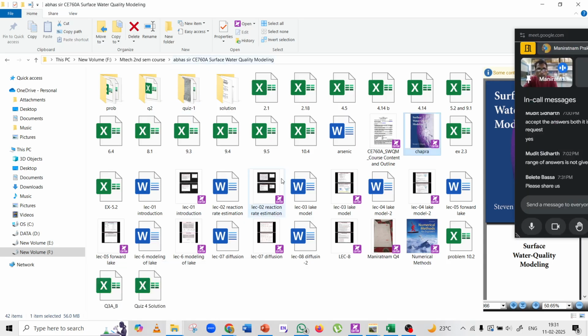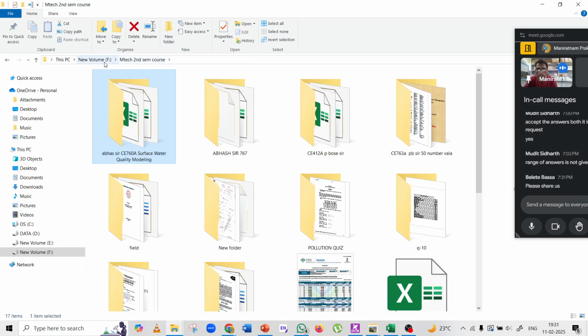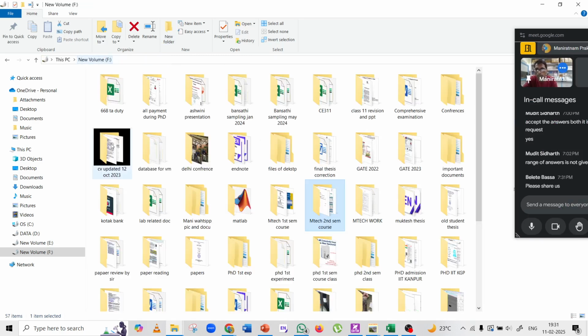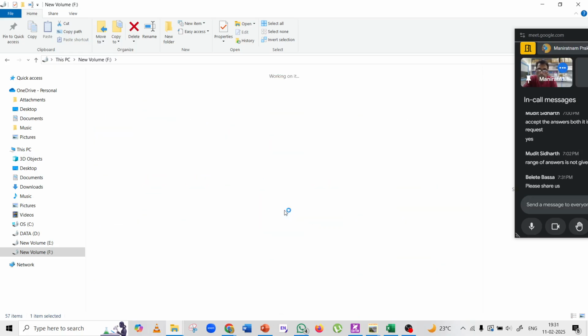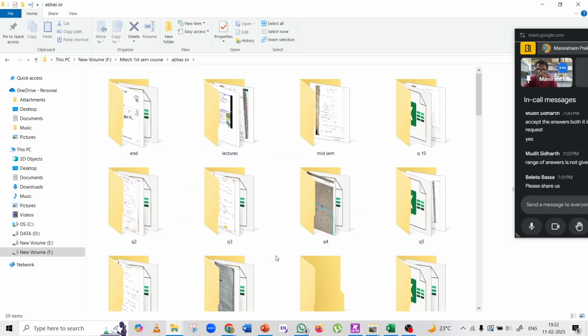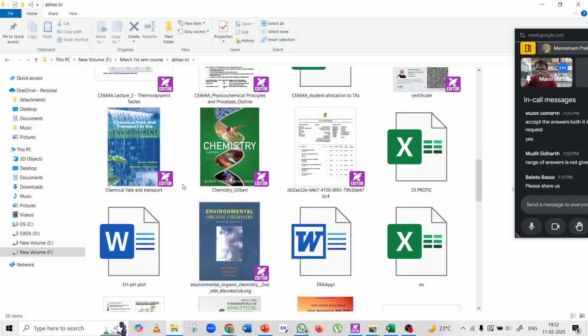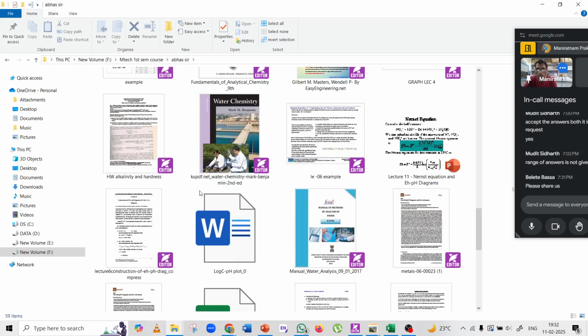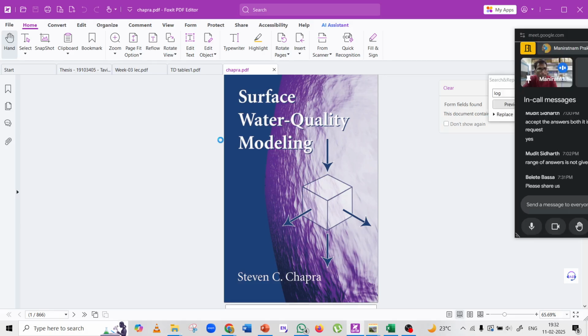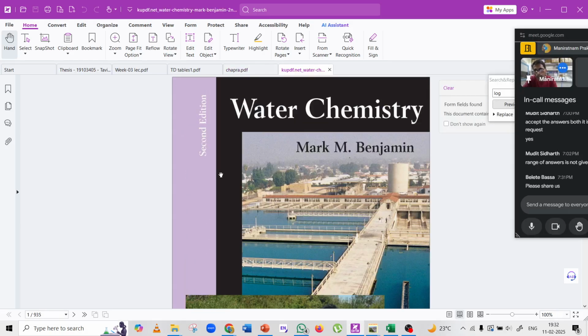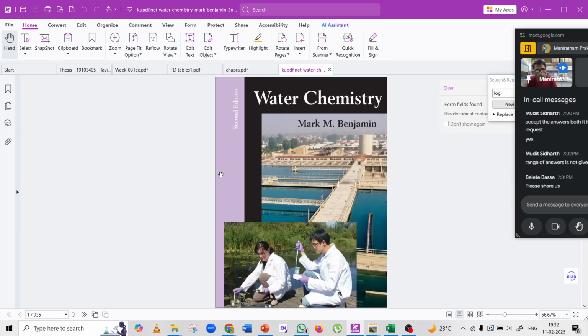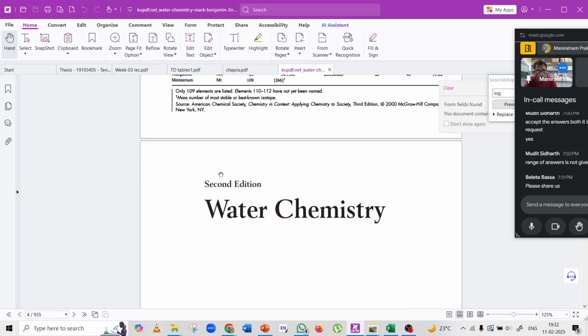And if you want to read more about the other thing I was saying, Henry's constant, then I suggest another book, Water Chemistry by Mark M. Benjamin. This is a really good book in the context of environmental engineering, if you are working with water chemistry.